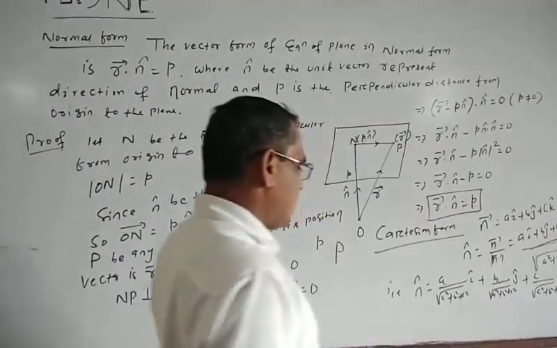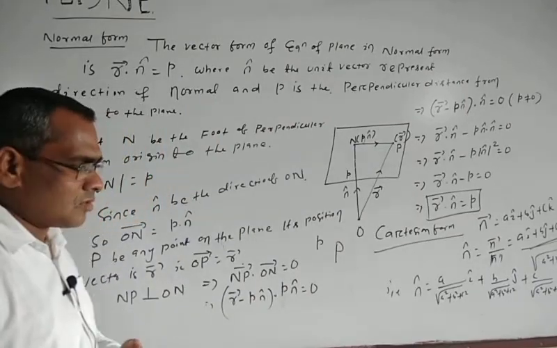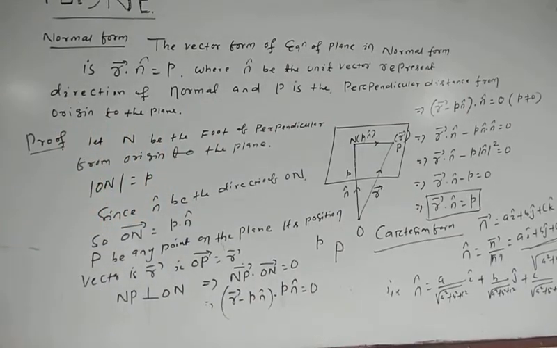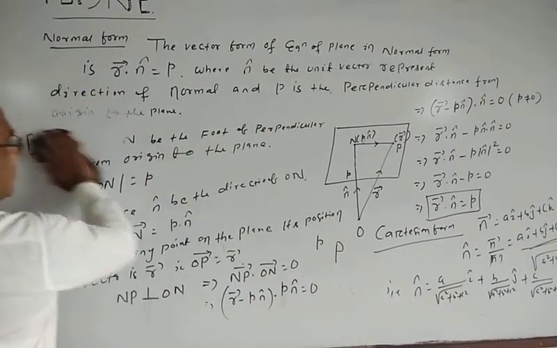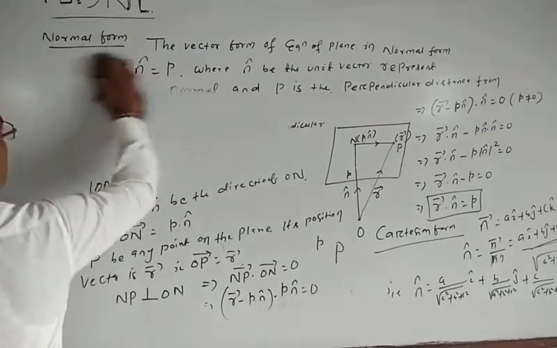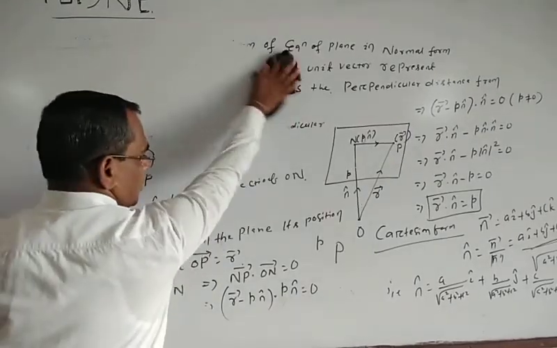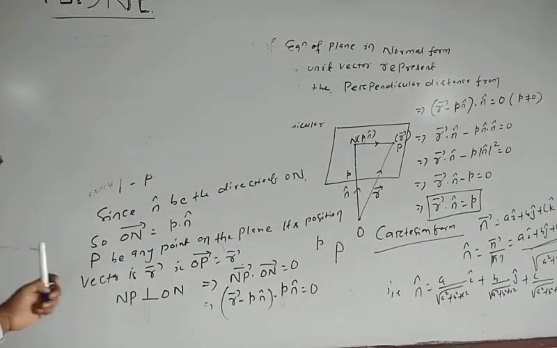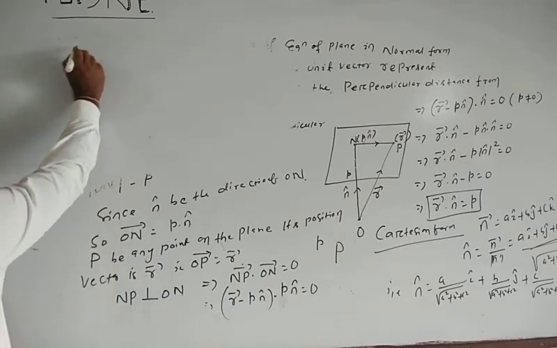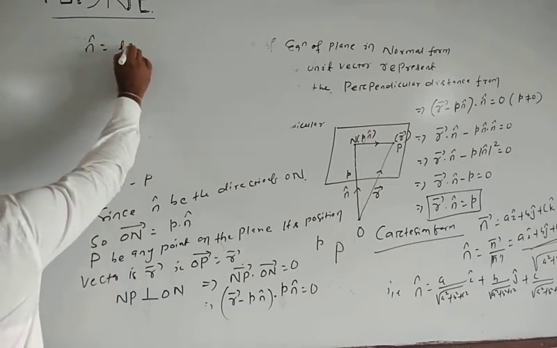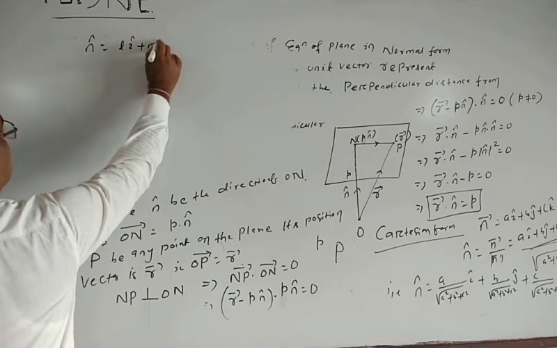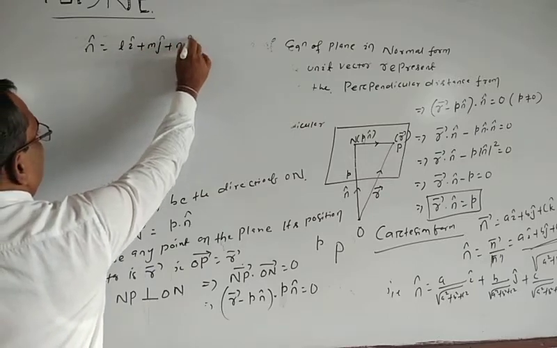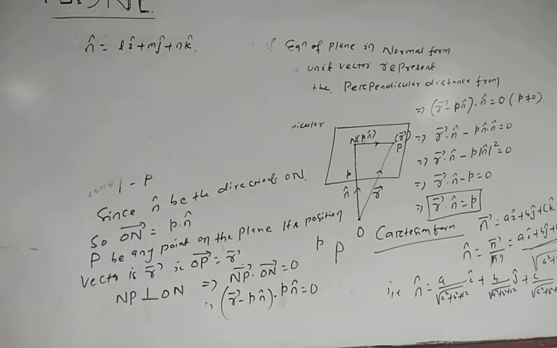And this A by root of A square plus B square plus C square is equal to l, B by root of A square plus B square plus C square is equal to m, and C by root of A square plus B square plus C square is equal to n. That is, n cap is equal to l i cap plus m j cap plus n k cap.